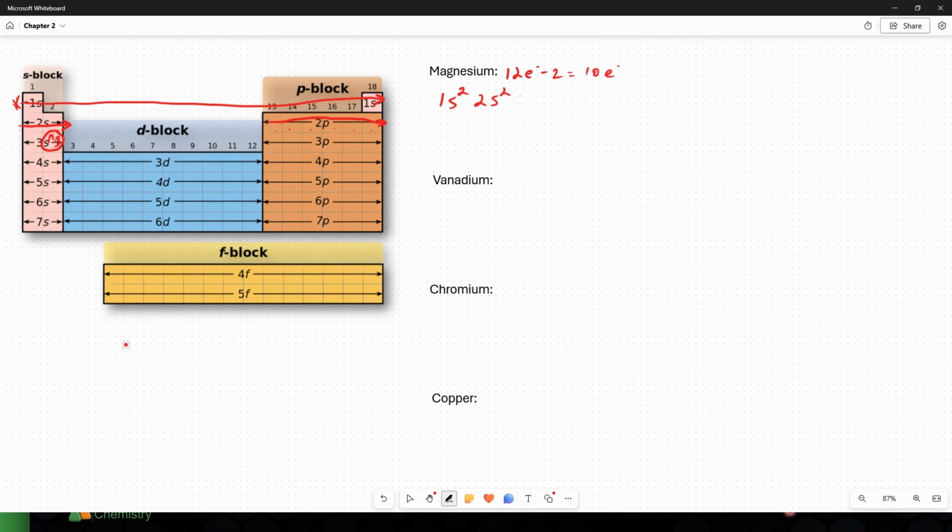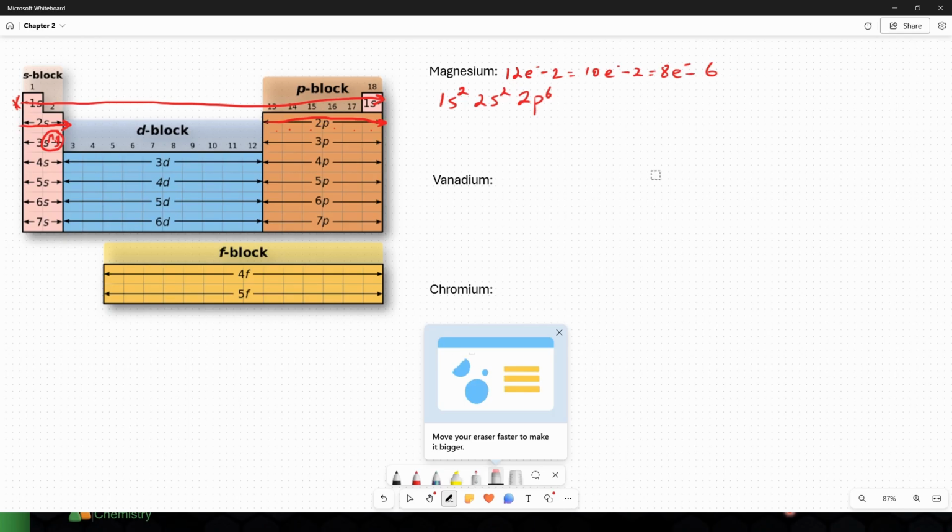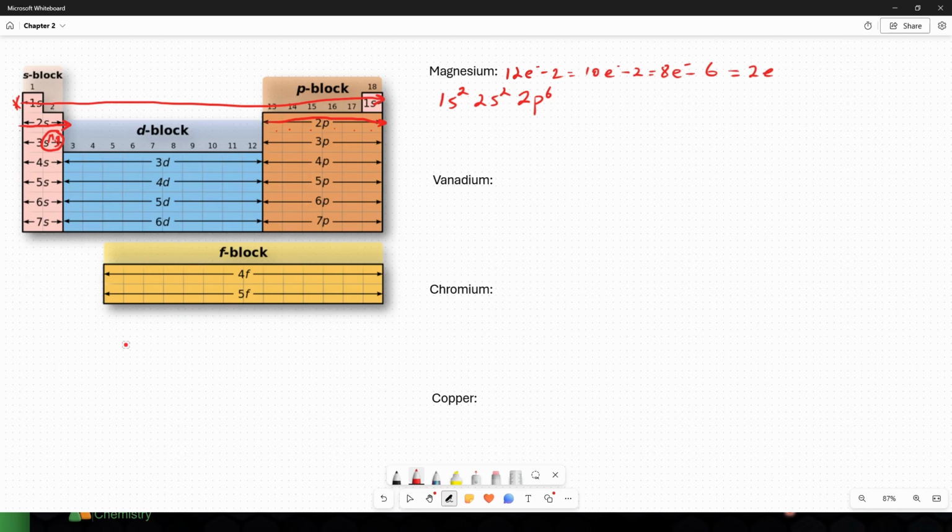So it's going to be 2p6. So my 12 minus 2 here is 10. 10 minus another 2 is 8 left. Now we put 6 electrons in there. That's 6 electrons that we remove. That's 2 electrons left over.